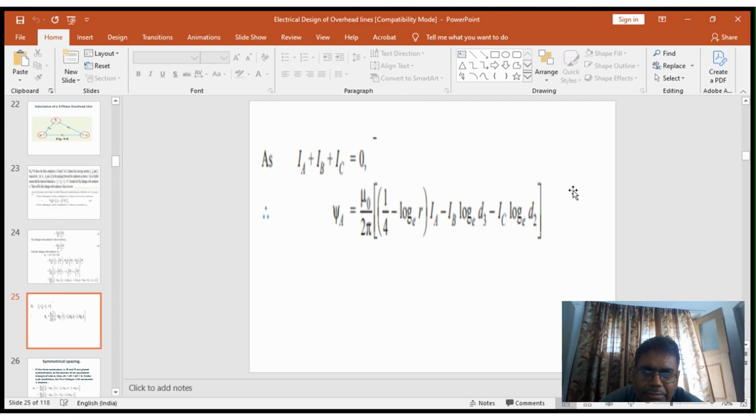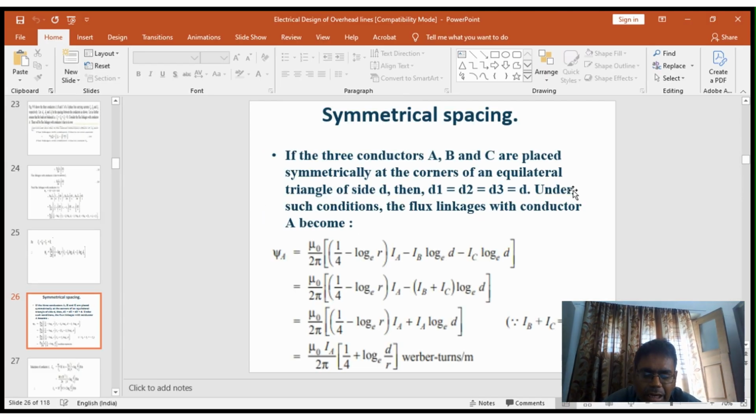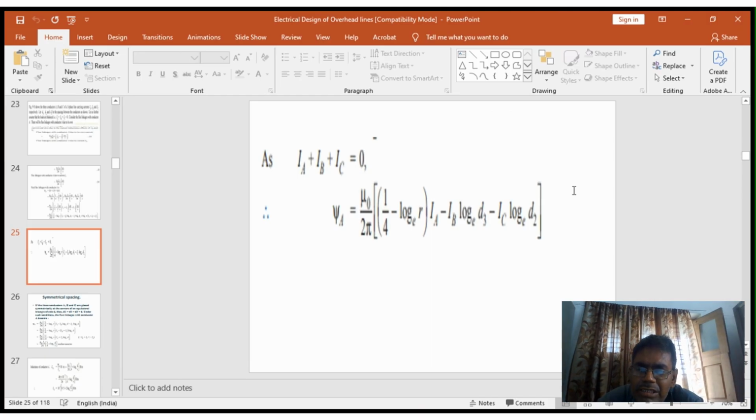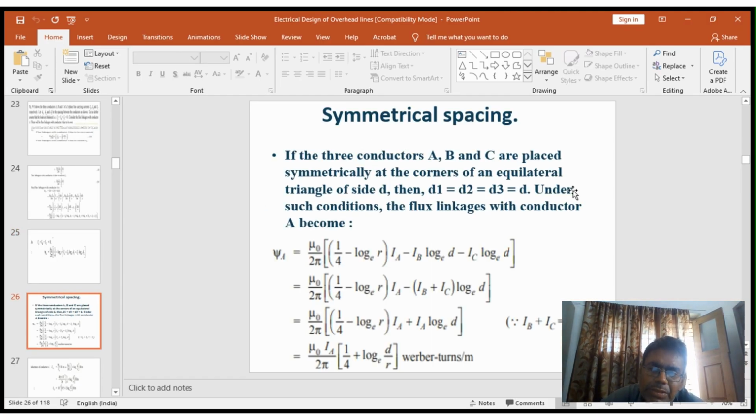Then substitute here the symmetrical spacing. This formula is applicable for symmetrical or unsymmetrical transposed configurations. In case of symmetrical spacing, if the three conductors A, B, C are placed symmetrically at the corners of an equilateral triangle, that spacing is said to be symmetrical, with side D. Then D1 is equal to D2 is equal to D3, that is equal to D. Under such conditions, for the flux linkages with conductor A, substitute D3 is equal to D and D2 is equal to D in the above expression, and simplify.